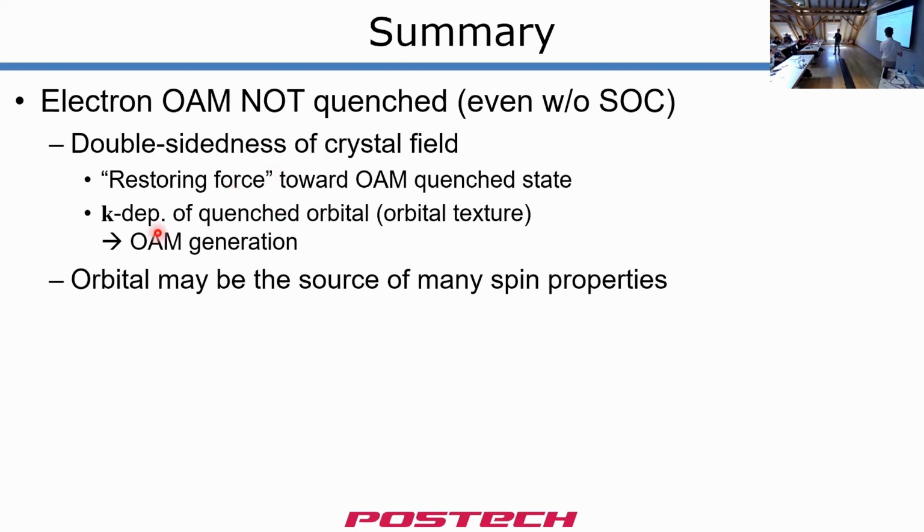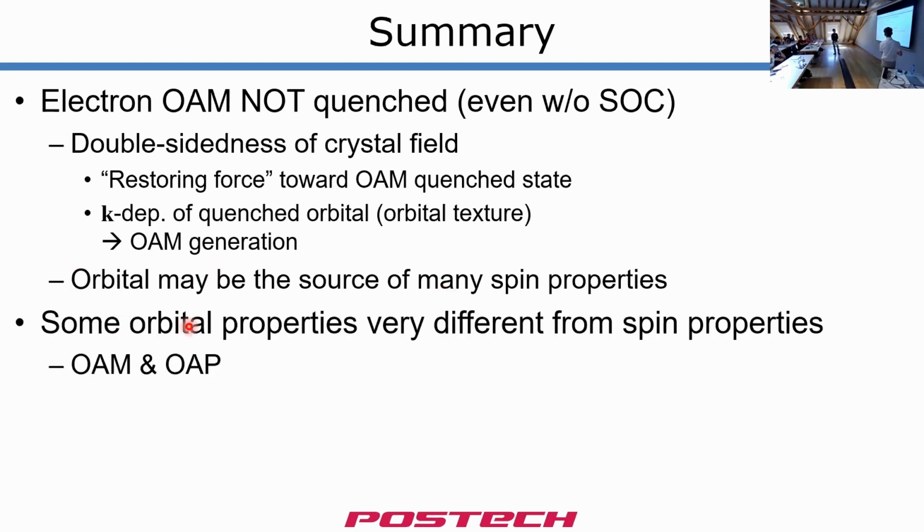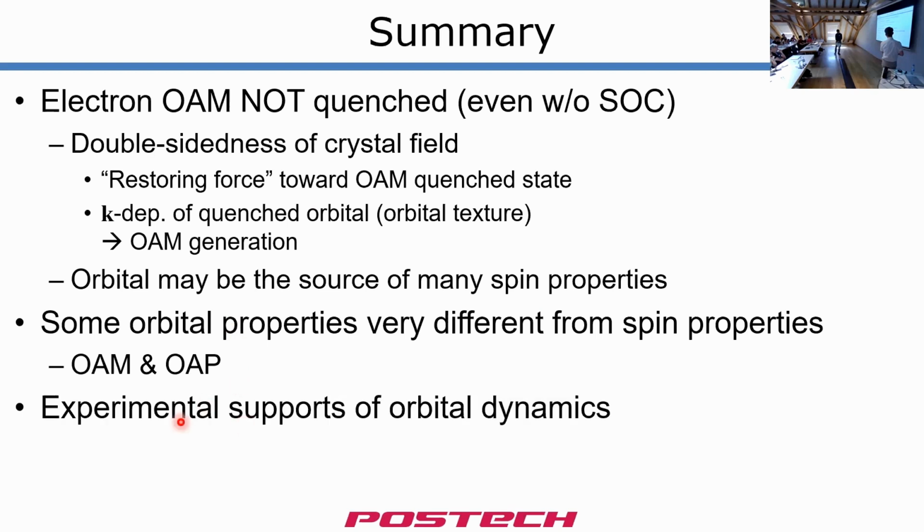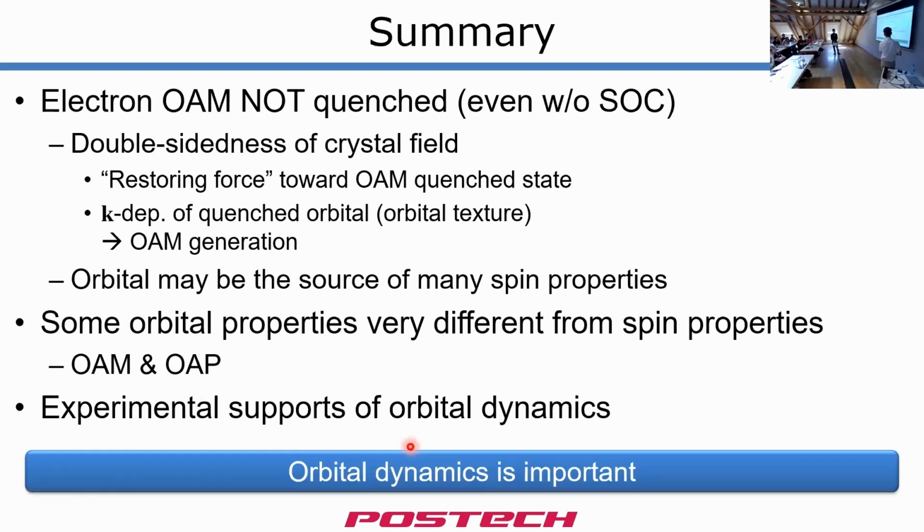That is the state where orbital angular momentum dynamics becomes important. On top of that, orbital angular momentum may be the source of many spin properties. Sometimes the orbital properties may also be qualitatively different from spin properties, although I don't have time to discuss these details. Finally, there seems to be some experimental support for this orbital dynamics. That is the end of my presentation.